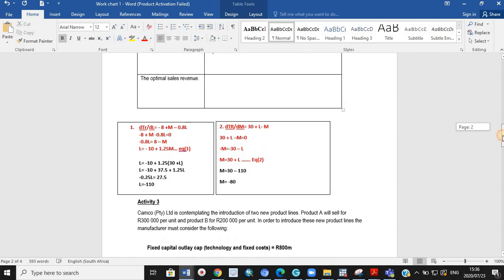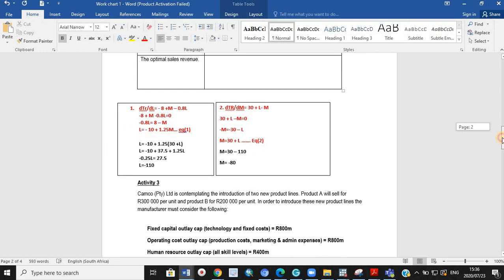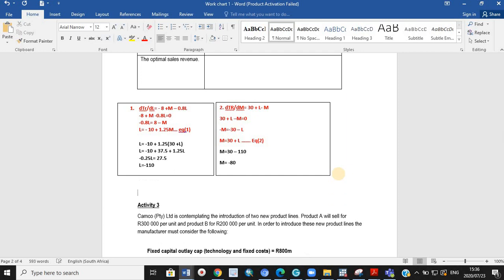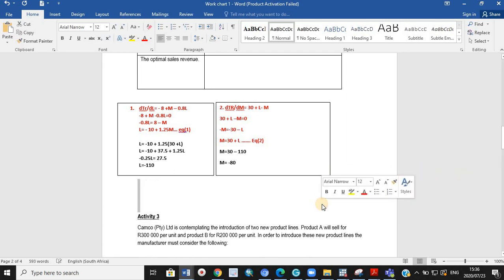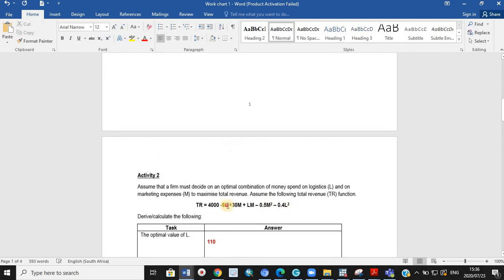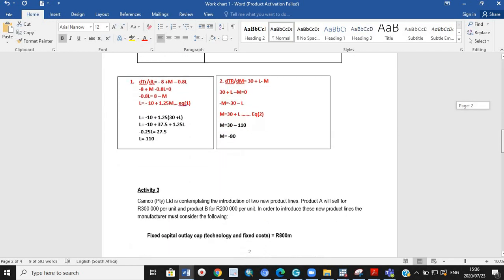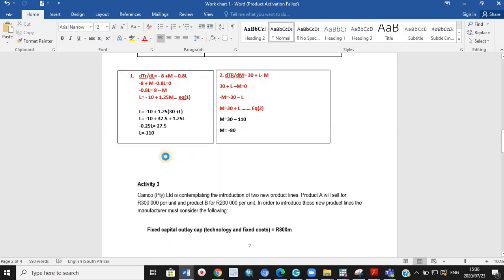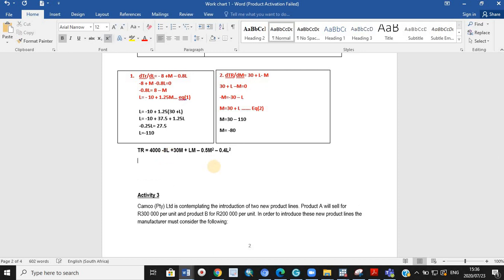All right, let's move on. The odd month sales revenue. The intuition is the same, the same way we did in activity one. We'll just copy this. All right, copy it here, and we will say L is minus 110.